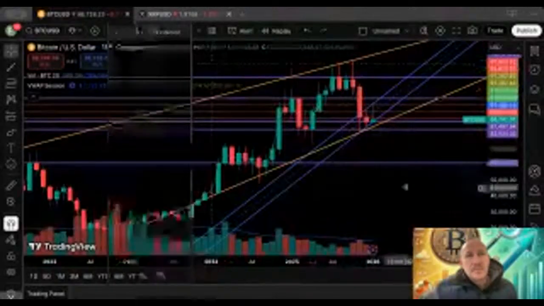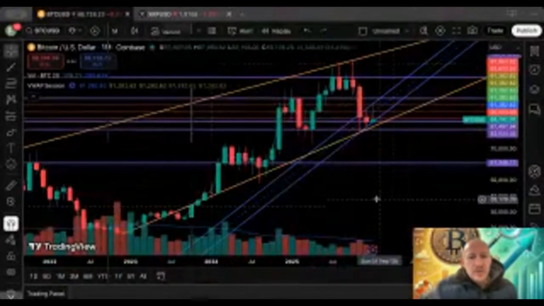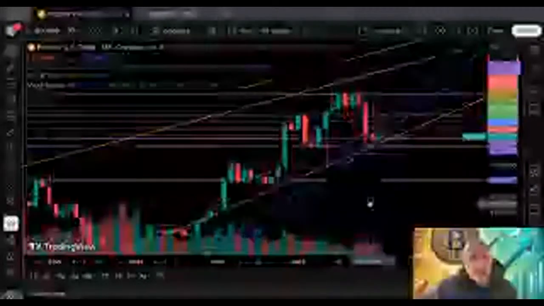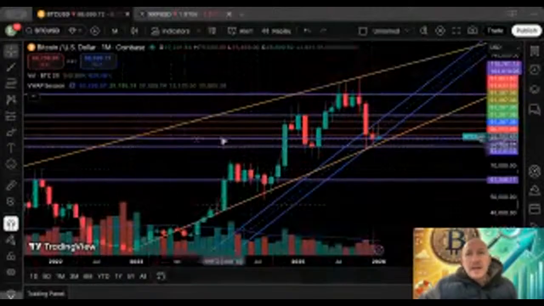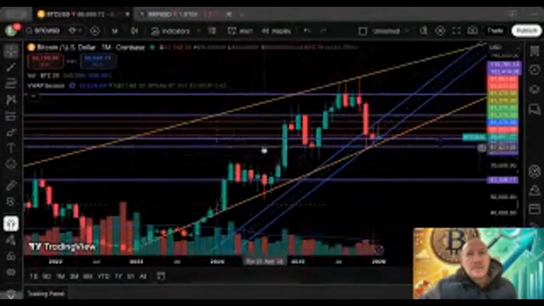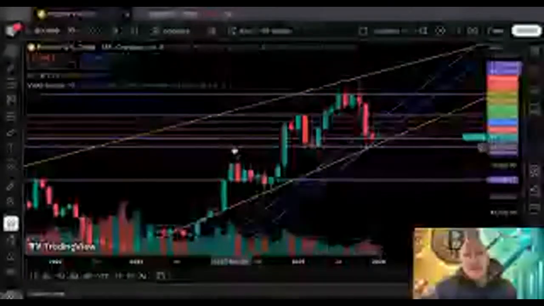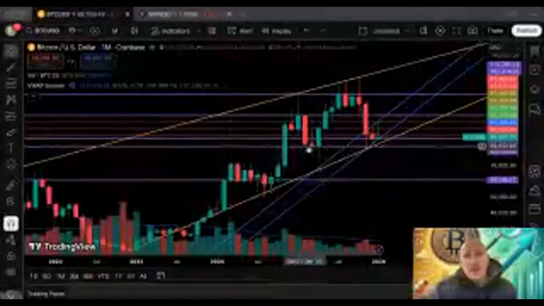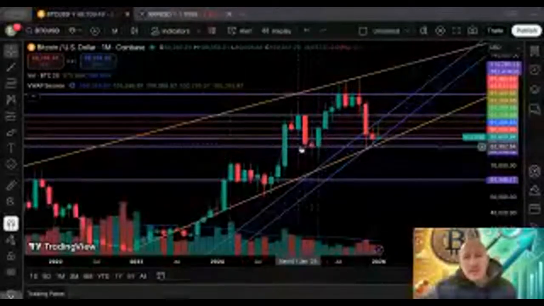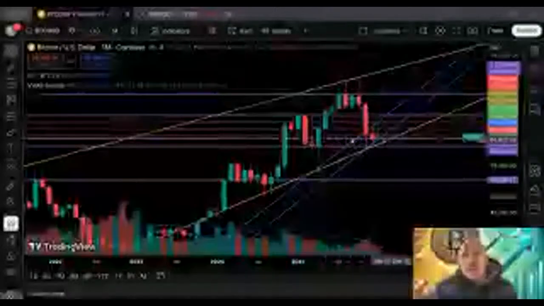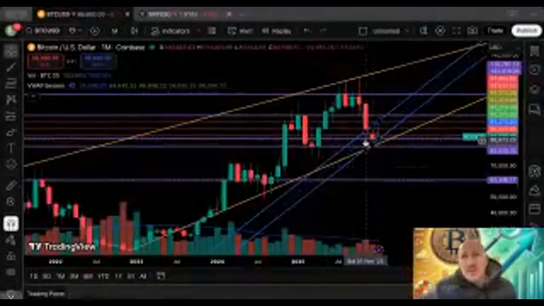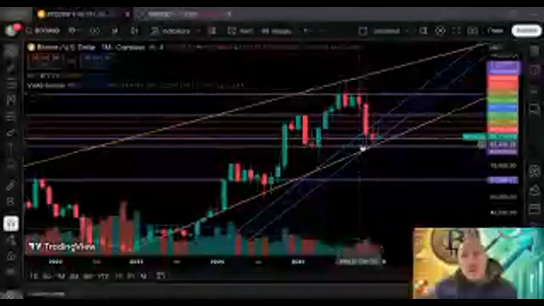But first, for those that are new still, let's see, what haven't I gone over? So this purple line here is support right here on the monthly chart. We are holding support right here. If this purple line doesn't hold this month, then we're going to here.